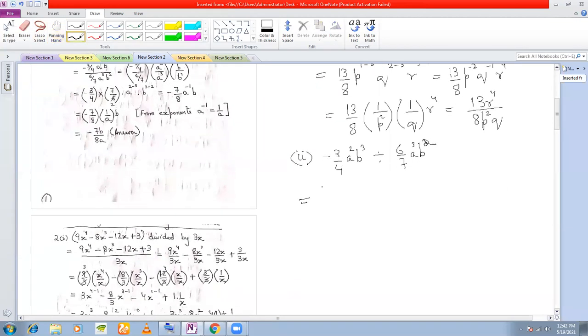So we write minus 3 by 4 a square b cube in the numerator, 6 by 7 a cube b square in the denominator. Now you take the coefficients together, minus 3 by 4 divided by 6 by 7. And here you have a square by a cube, b cube by b square.